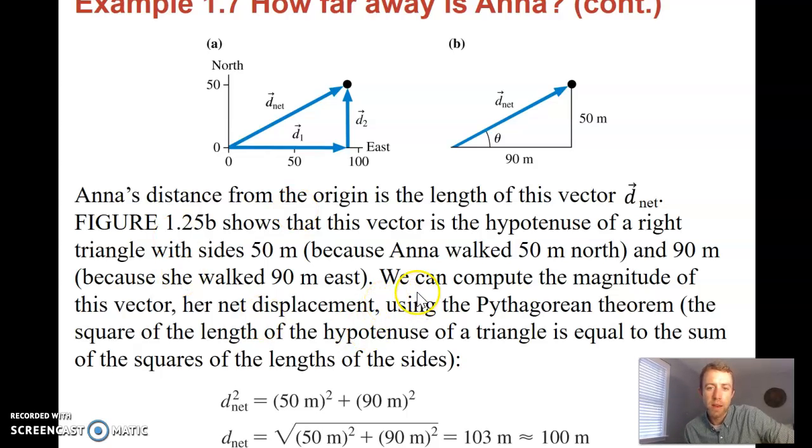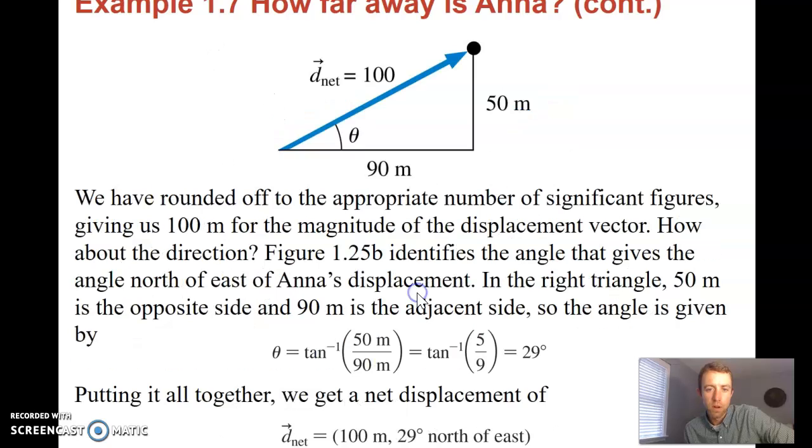And then you have to use your trig functions. Inverse tangent, which you don't need to use because you have all three sides. You could use inverse cosine or inverse sine and plug that in your calculator, making sure it's in degrees, and getting the angle. So a full displacement vector looks like this: 100 meters at 29 degrees north of east.